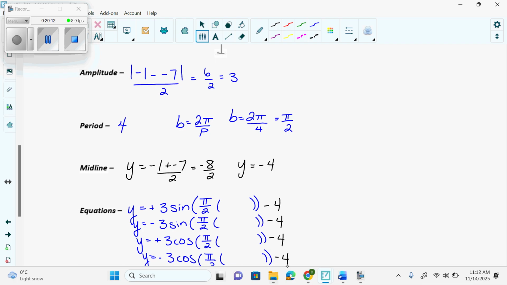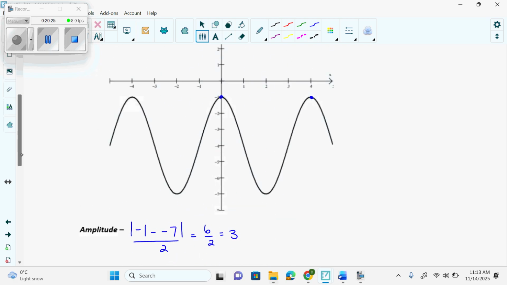Now what you have to remember is, you can know if you're right or you're not, because when you go to draw that midline, it should be the same distance up as down, which that distance should be your amplitude, correct? So you can double check it. So -4. If I count it up, -4 to 1 is 3, -4 to 7 is 3. So that's a good thing.